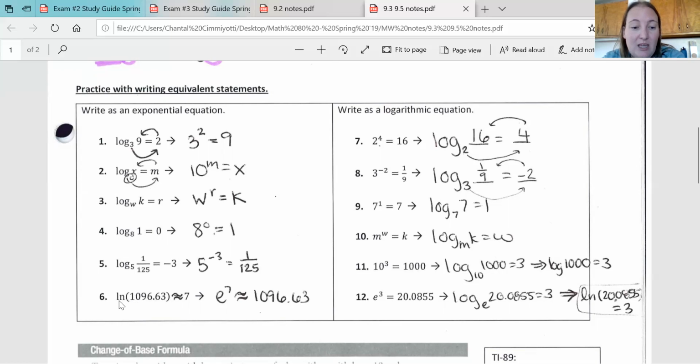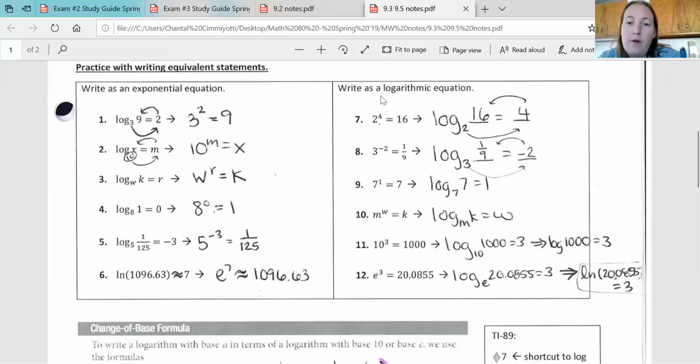And e to the 7th is 1096.63 approximately. So anything to the 0 is 1. Anything to a negative power will be a fraction. And then e, we're hopefully going to be able to locate on our calculator.